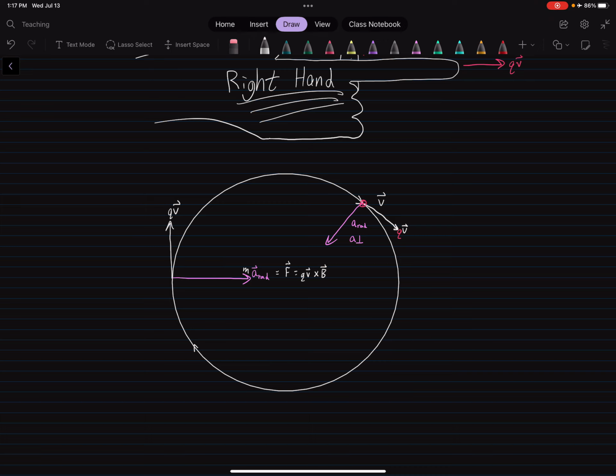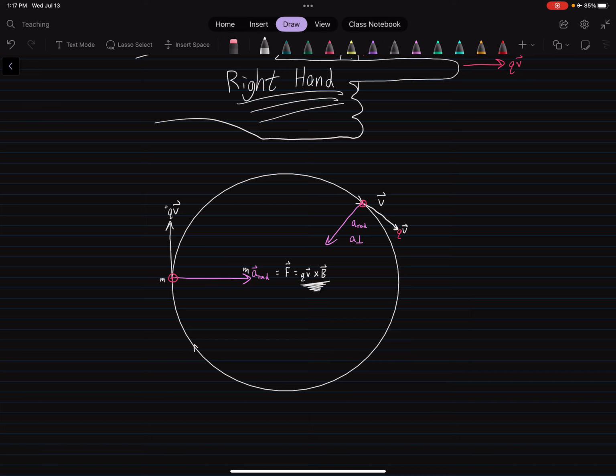Hopefully I didn't lose you. This force is the magnetic force. And that force is the only force acting on this charge q, right? This charge q here that is going around in a circle. And this charge q has some mass. It has a mass m. It's tiny, but it has some mass.